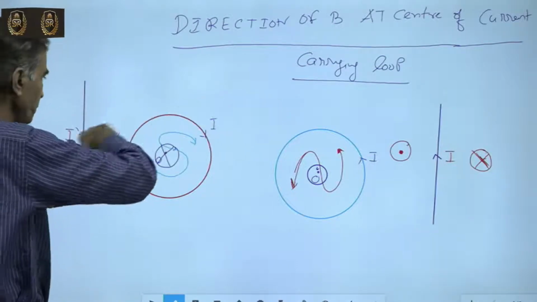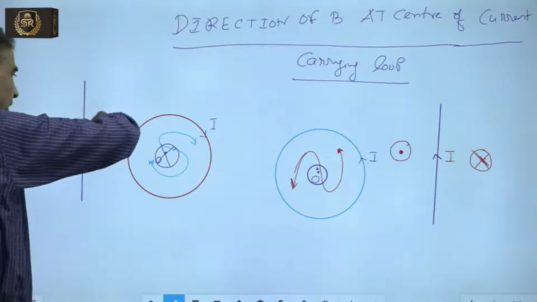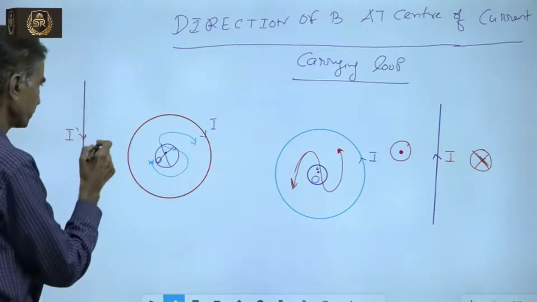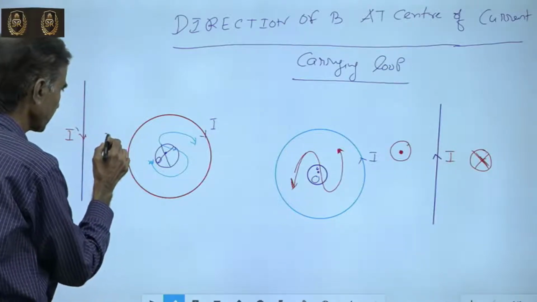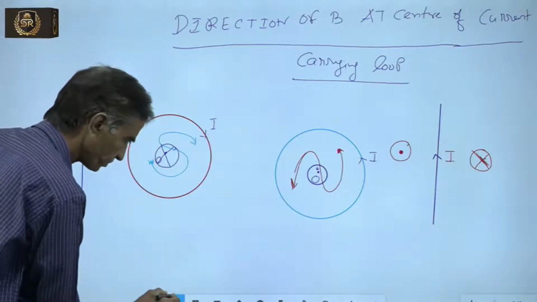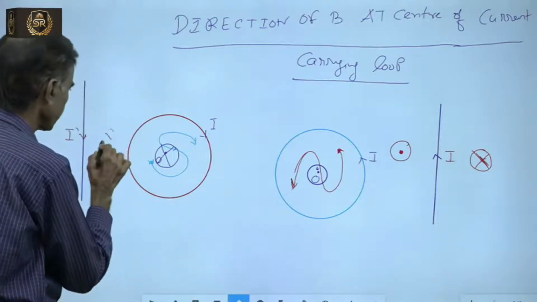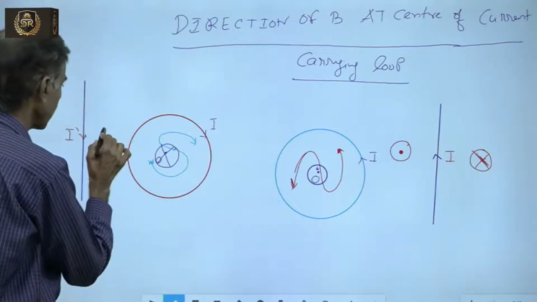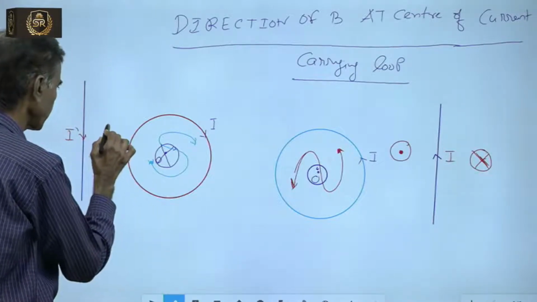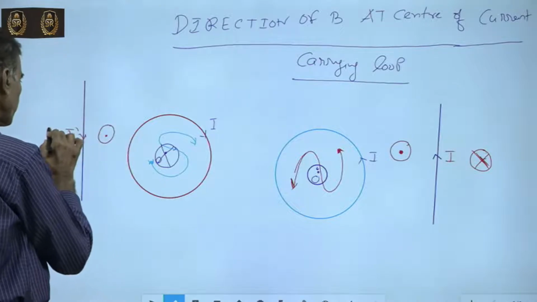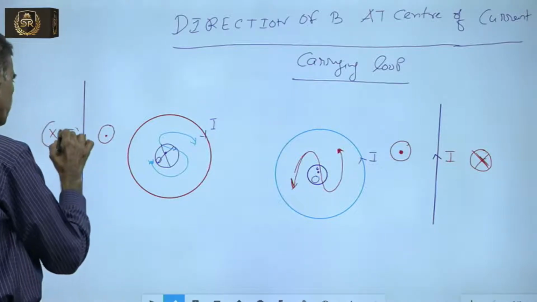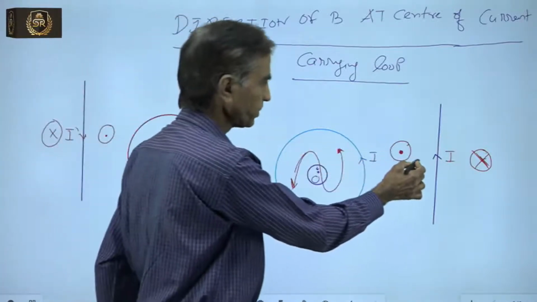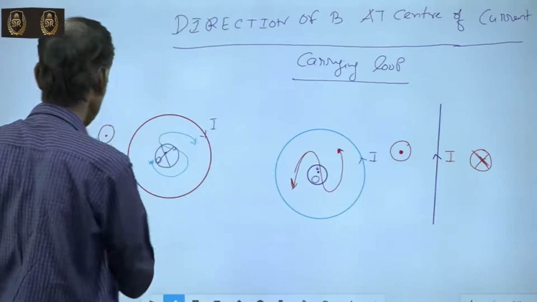Then it will be opposite to that. Here the field is coming out of the plane, and here it will go into the plane, just opposite to this. See the direction of field.